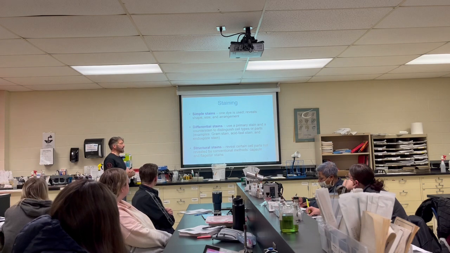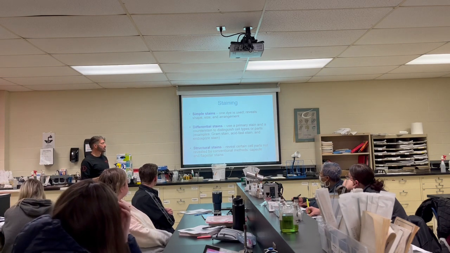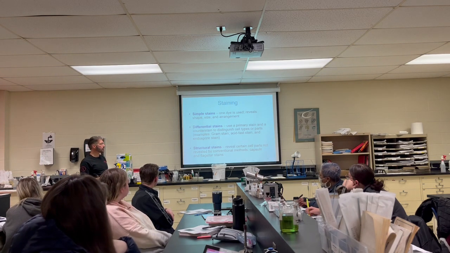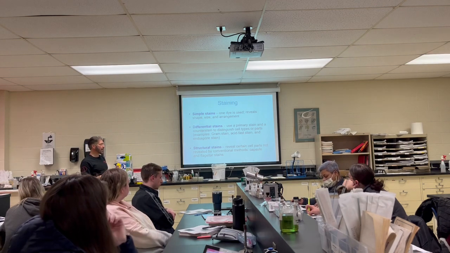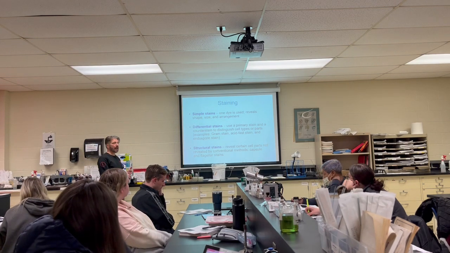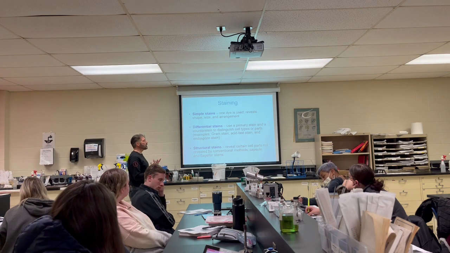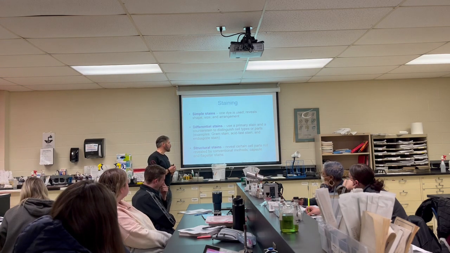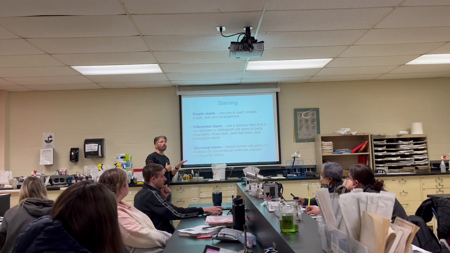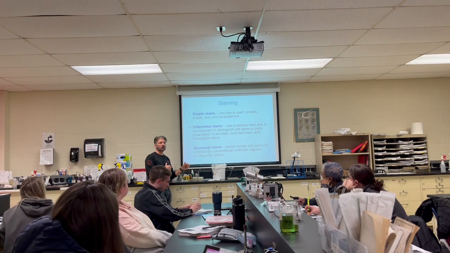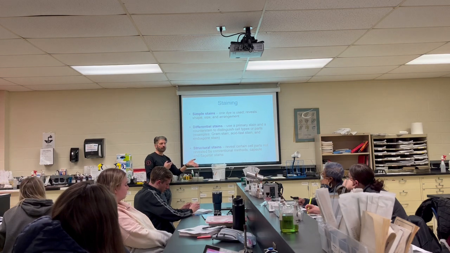Now, structural stains reveal certain cell parts not revealed by conventional methods. So, I said before, if it has a capsule or a flagella. If it's a capsule, it's encapsulated, probably harder to kill, right? And if it has a flagella, right, it can move towards something it likes, or it can move away from something it doesn't like. So if it finds food or sugar or something that it likes, the flagella is going to run towards it, right?